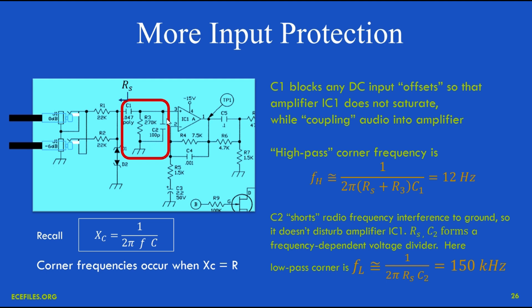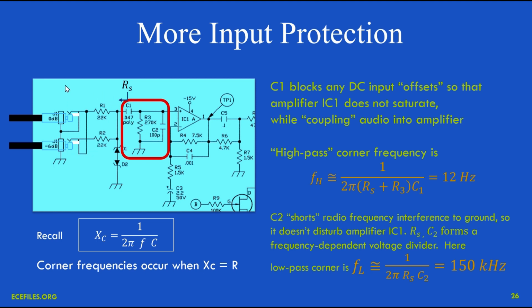But at sufficiently high frequencies, the impedance of this capacitor is going to fall because F is going to rise. If it rises enough, say to 100 kilohertz or a megahertz or more, then the reactance XC here will be much less than 270K. So whenever two things are in parallel, the small value wins if they're widely different values. So if the impedance of C2 falls to, say, 10K at sufficiently high frequency, then this just looks like 10K.